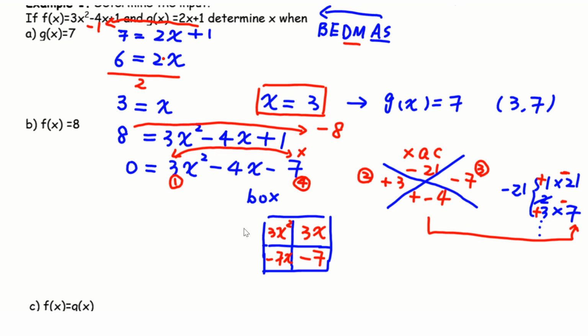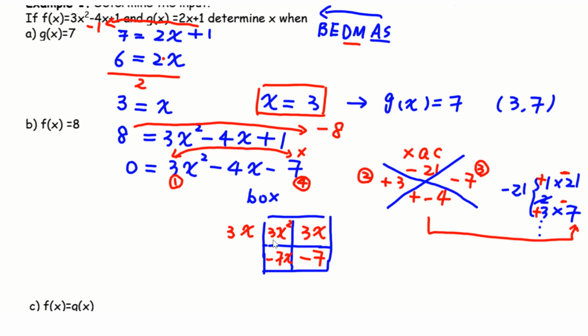So 3, 3, the greatest number that could go into 3 is 3. And for the variable, we are going to use the lowest degree from the same variable. So x squared, x means degree 1. Lowest degree is 1, so we put x to the 1 and 1 here.